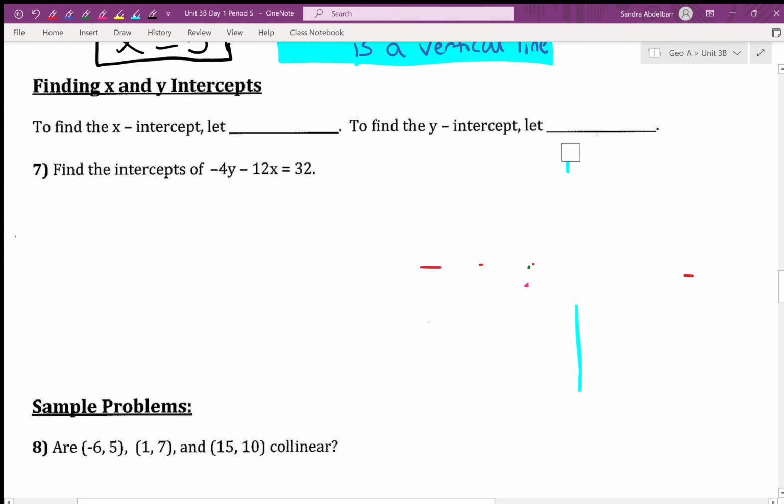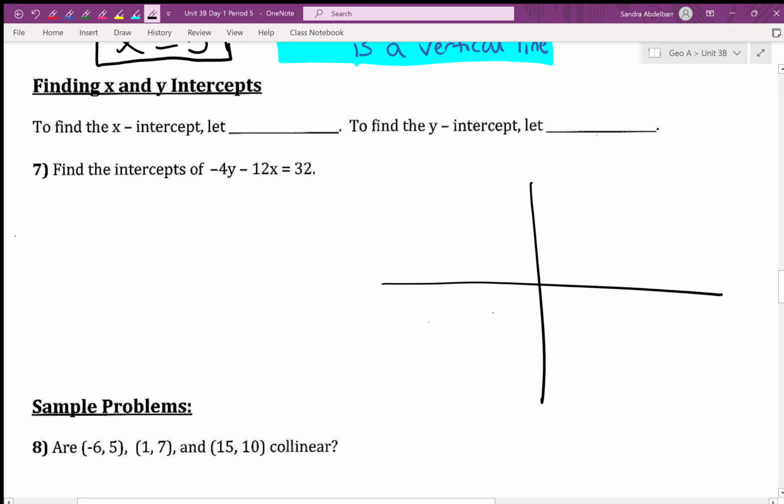Okay, so what do I want you to do when we're finding the x and y intercepts? What if for like 2, 0, you go up according to the slope? Yeah, it's not always going to be the same point. So let's say I'm up 1 over 3, down 1, 2, 3, down 1 over 3.